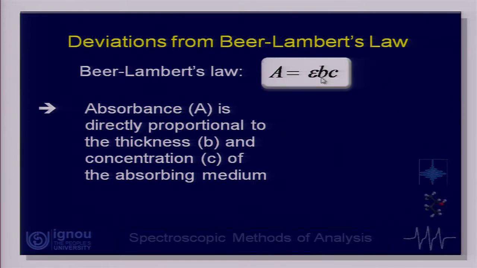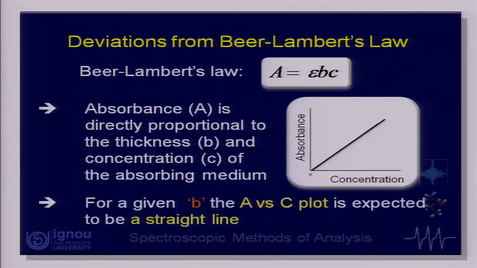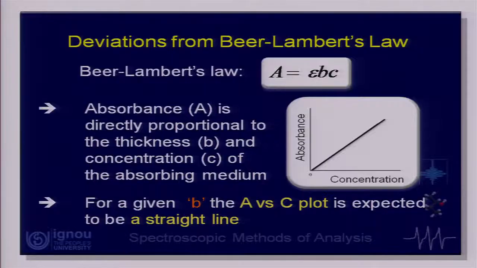In other words, at constant b, I expect a plot between A, that is absorbance, and c to be a straight line passing through the origin. That is what I expect from the Beer-Lambert law. It means that if a system is following the Beer-Lambert law, then I must get this kind of straight line plot.